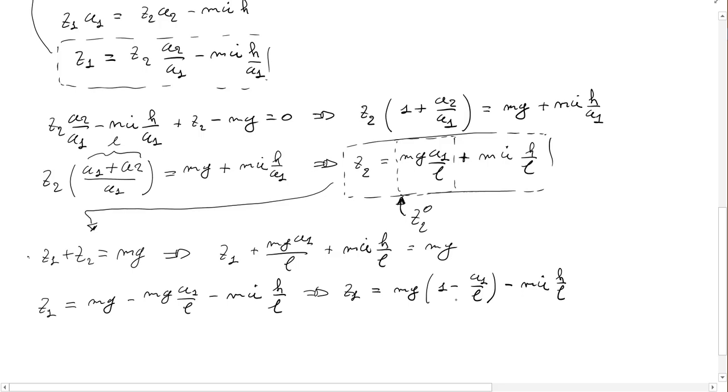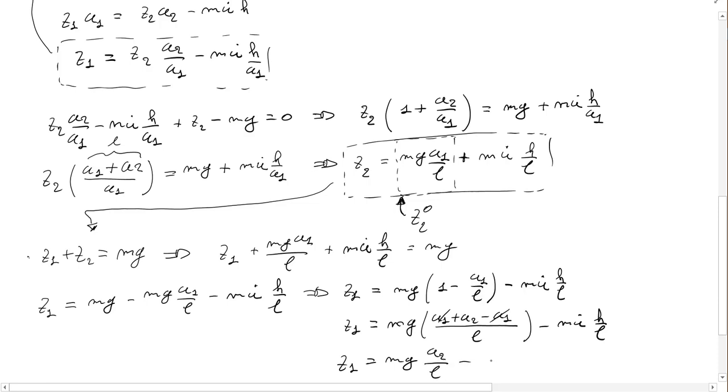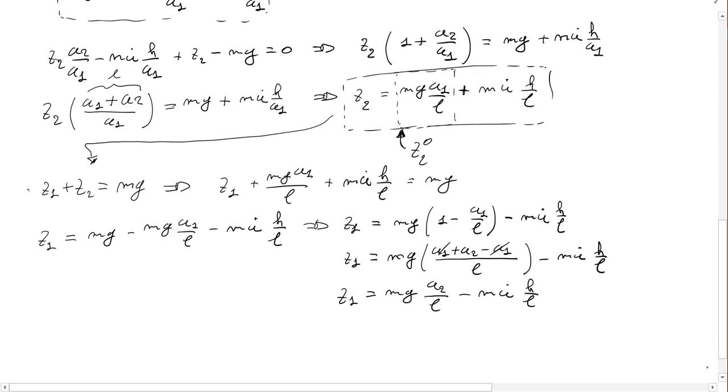What we know is zeta 1 will be equal to mg (a1 plus a2) minus a1 on L and mu dot H on L, and of course we have zeta 1 will be equal to mg a2 L minus mu dot H on L. Okay, and this is our second equation from this.